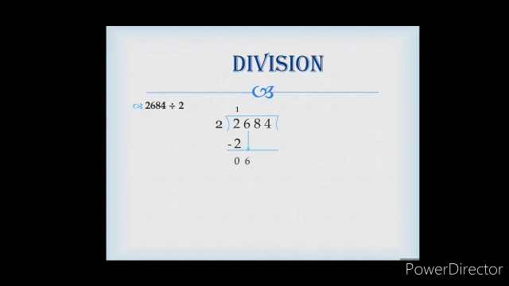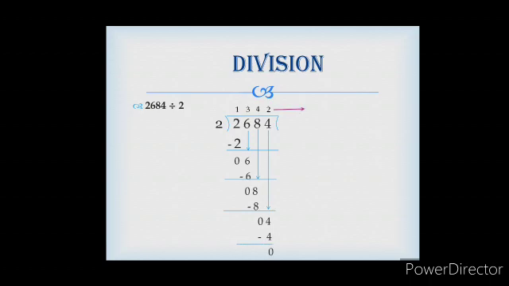Now you have to check when 6 is coming in 2's table. Yes, 2 3s are 6. Again 0 and we will be copying 8. For 8 again check 2 4s are 8, right? 0 and then 4 will be copied. When 4 is coming in 2's table, it is 2 2s are 4 and finally we get 0 at the end.